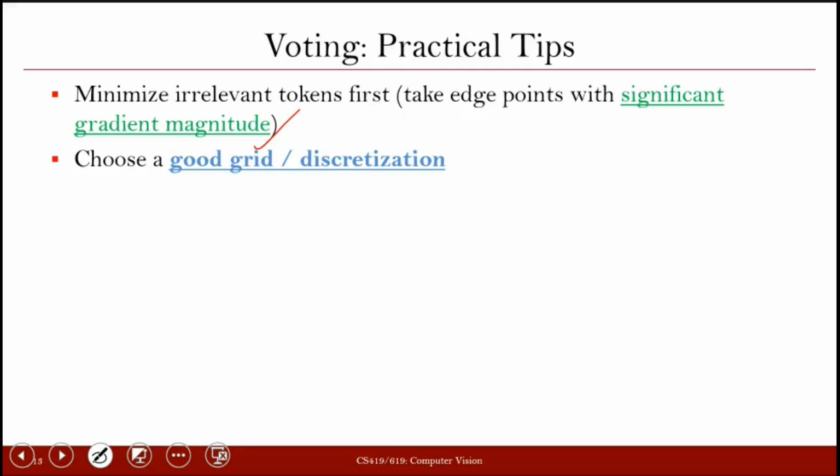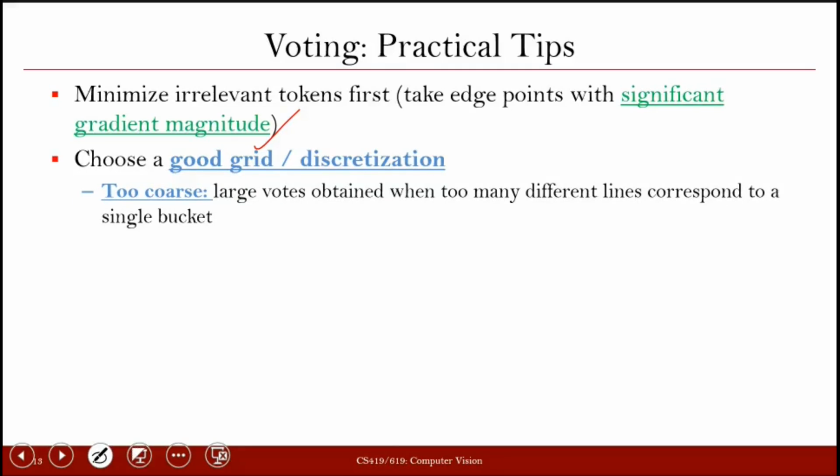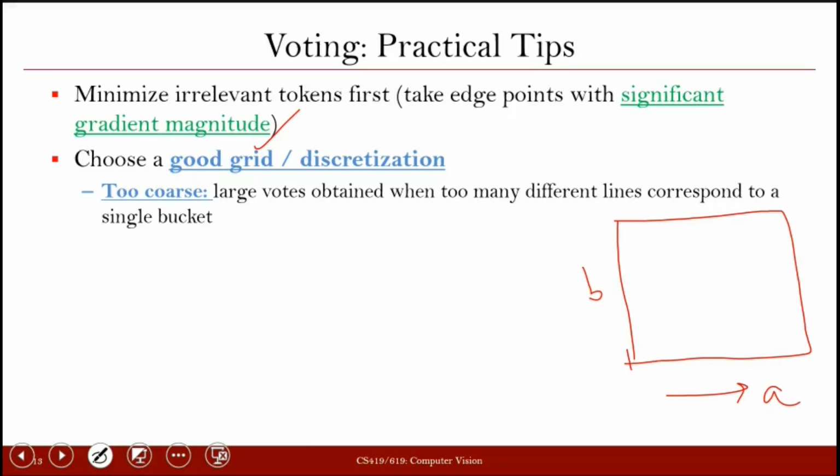Okay. Now there's another parameter which is very important: the grid resolution. Whenever we are in the feature space, the Hough space, let us consider this space where we have just two variables, A and B, while detecting the circle.